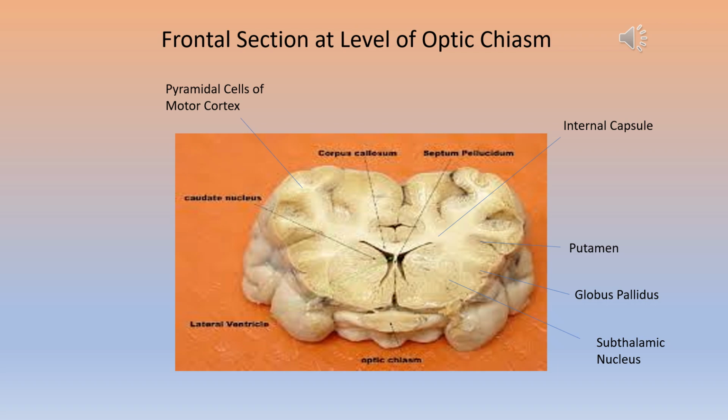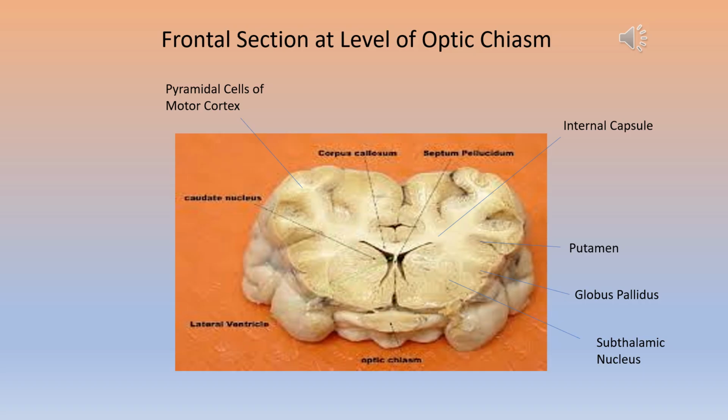The internal capsule is the motor pathway, and it will later travel through the medulla oblongata as that mass of tissue that we call the pyramids.